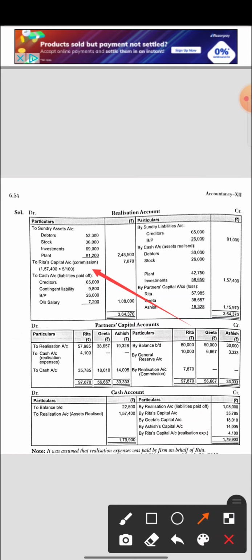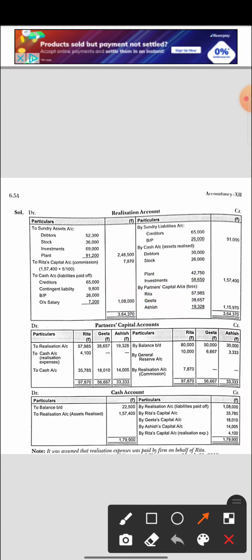To Rita's capital account commission, 1,57,400 into 5 by 100. Now, from where did I get 1,57,400? From the assets that she sold. Okay, now this has to be calculated first. Okay, so now how do we do that?